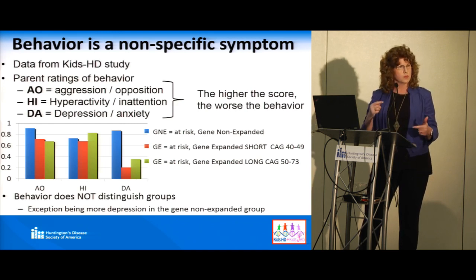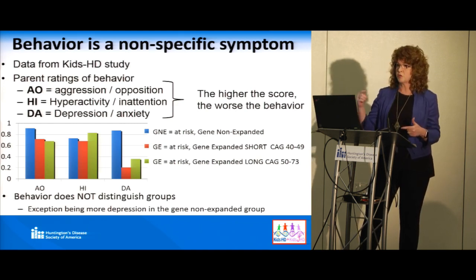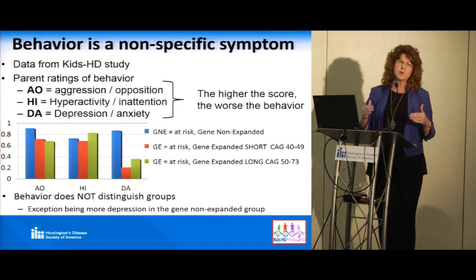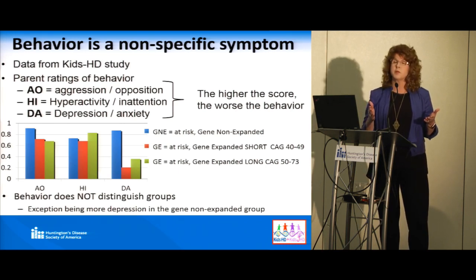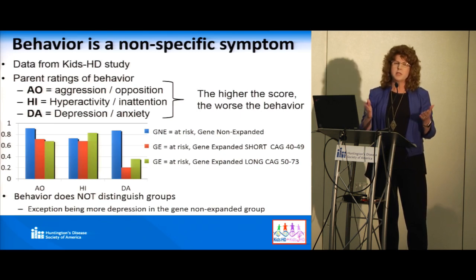So this was really the reverse of what I expected, right? I expected that the children with the gene expansion may have far more behavioral problems. And I think the summary of this is that behavioral abnormalities in children can come from a lot of different things. As a psychiatrist, I know mental illness is really, really common.